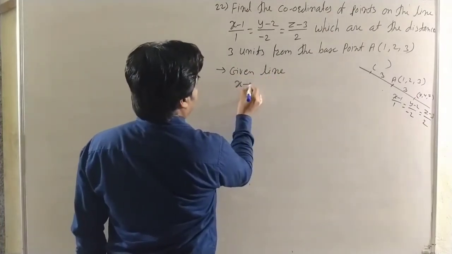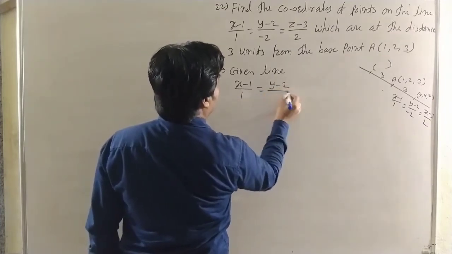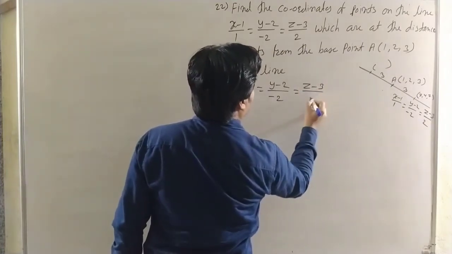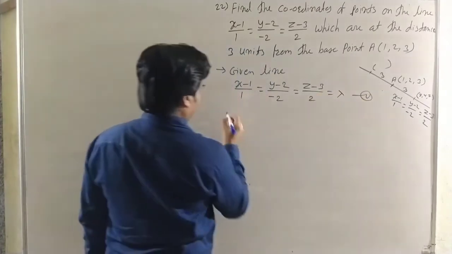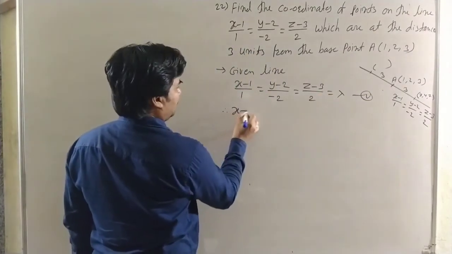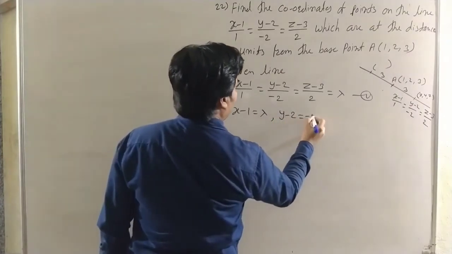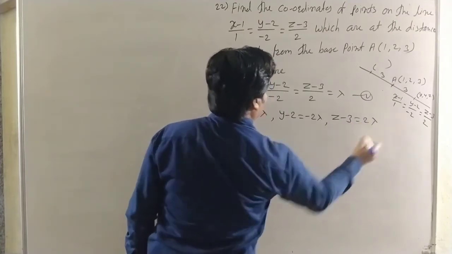The given line is (x minus 1)/1, (y minus 2)/(minus 2), and (z minus 3)/2 equal to lambda. Suppose it is equation number 1. Therefore, x minus 1 is equal to lambda, y minus 2 is equal to minus 2 lambda, and z minus 3 is equal to 2 lambda.